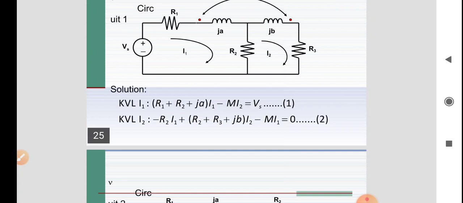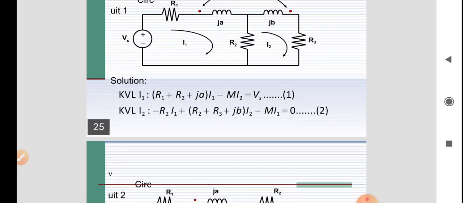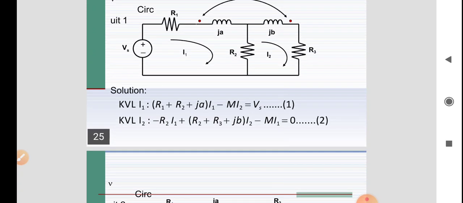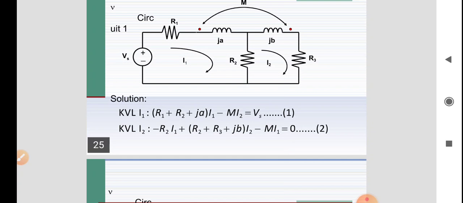In R2, the I1 current is flowing as well as the I2 current, but the I1 current is from JA to R2, while the I2 current is from R2 to JB. As both currents are in opposite directions, we can write R2 into I1 minus I2. I have already written R2 into I1, so I need to write the second term as minus R2 into I2. So we have R1 plus R2 plus JA into I1 minus R2 into I2. Now we have seen all the components related to loop 1.